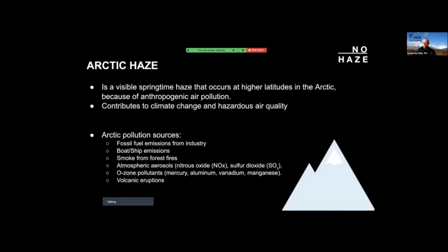It is most visible in early spring. Some Arctic pollution sources are fossil fuel emissions from industry and boat and ship emissions, then also smoke from forest fires. Arctic haze is still considered to be caused by pollutants solely of human origin.